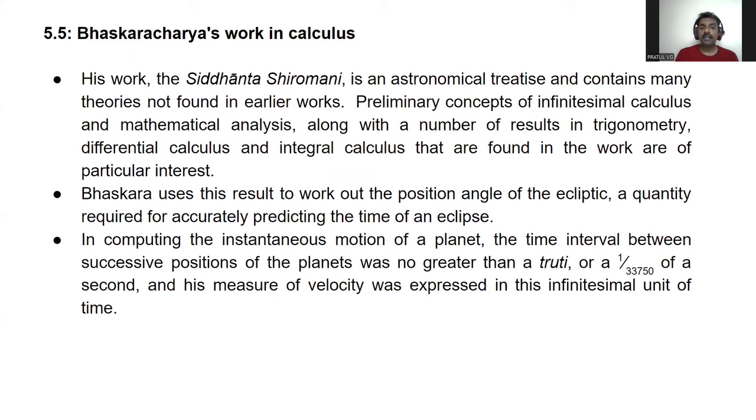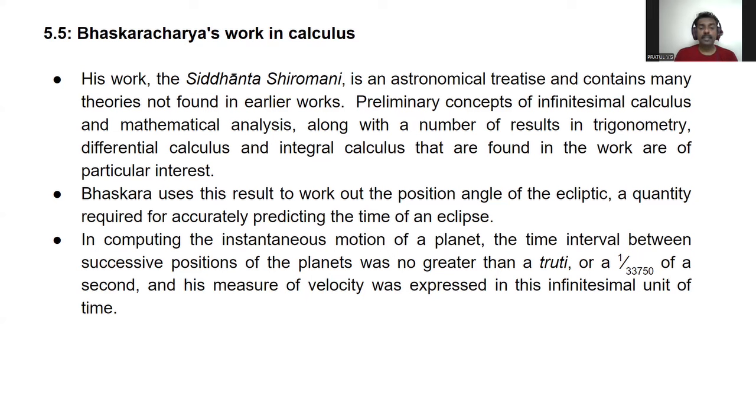He worked in calculus as follows. His work, the Siddhanta Siromani, is an astronomical treatise, and it contains many theories which were not found in earlier works. Bhaskaracharya uses this result to work out the position angles of the ecliptic, which is a quantity required for accurately predicting the time of an eclipse.